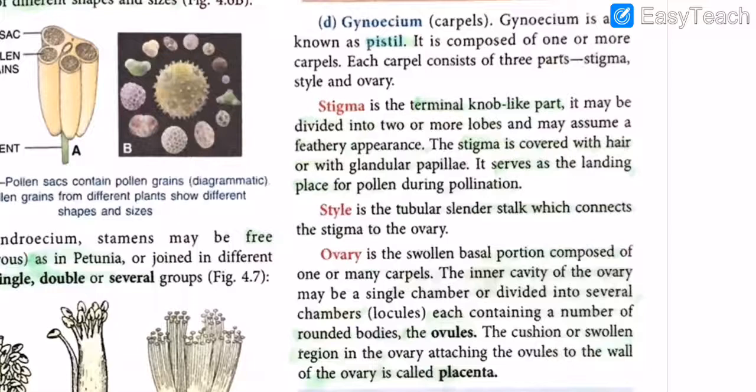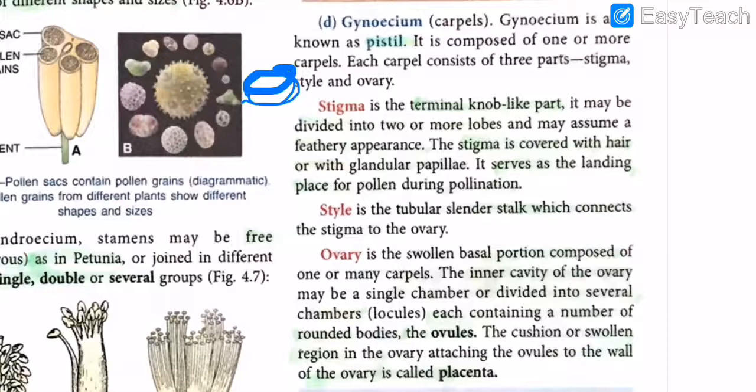Okay, so what are they saying in this paragraph? Now, a stigma is a terminal knob-like structure. So, as we saw on the previous page as well, it almost looks like a knob and it has a head like this. Okay, we all know that it receives the pollen grain, so it has to have a knob-like structure like that.